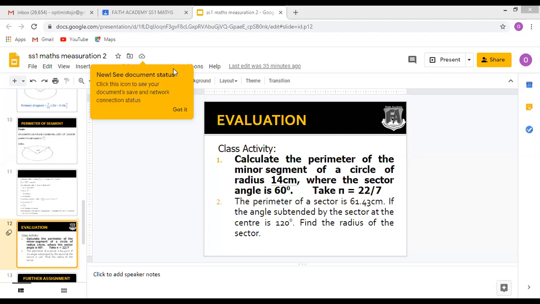Are we through? Yes, sir. So what is the answer? 70.2. Somebody is getting 70.2. 70 plus 0.2, that is the radius.